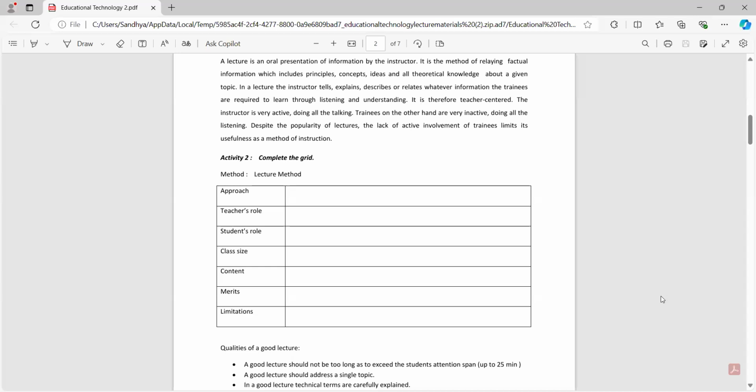What are the merits of the lecture method? Time saving, can control a large class, and the preparation is less. The teacher doesn't have to prepare a lot because she knows the subject matter. She can just walk into the classroom and go on telling.